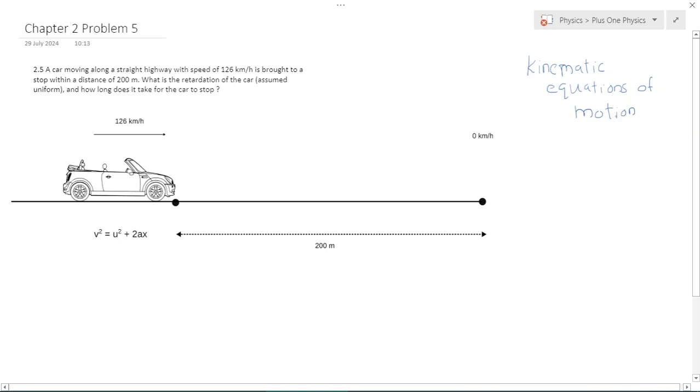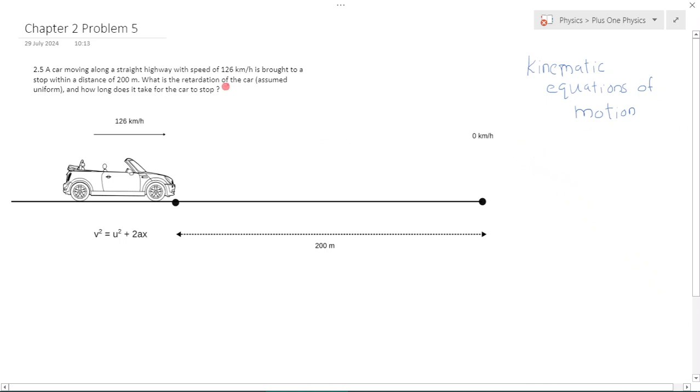These three equations are applied to an object which is running, flying, or just traveling with a constant acceleration. Constant acceleration means the increase in velocity is the same for the same interval of time. We can apply these three equations only for constant acceleration.